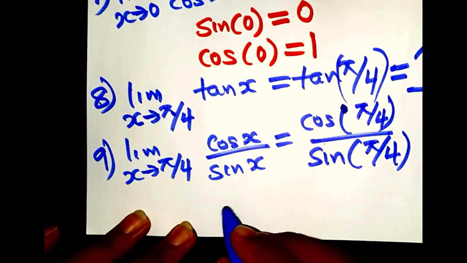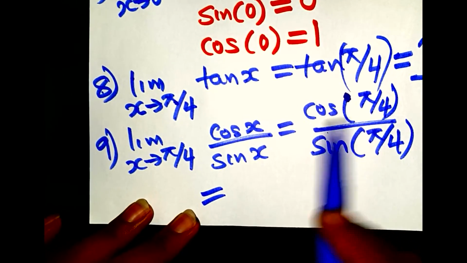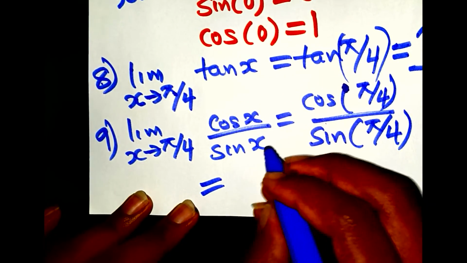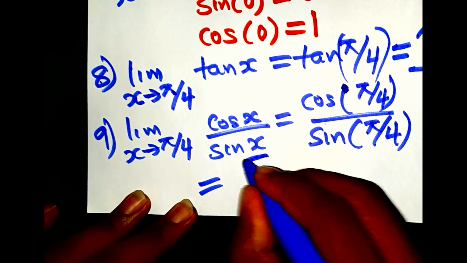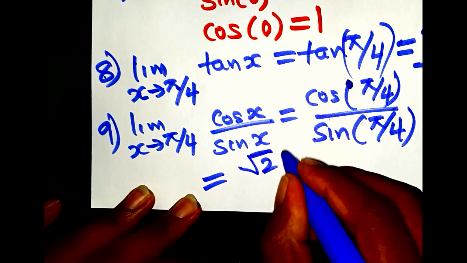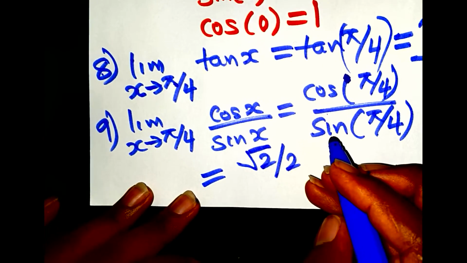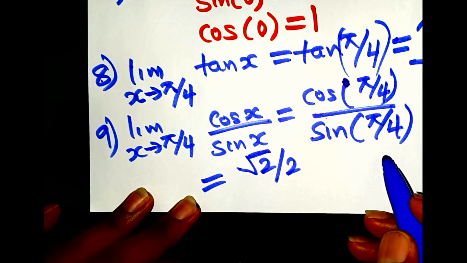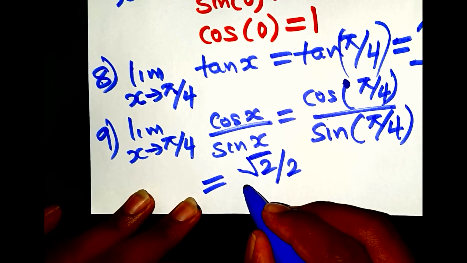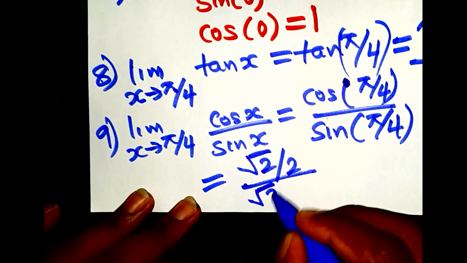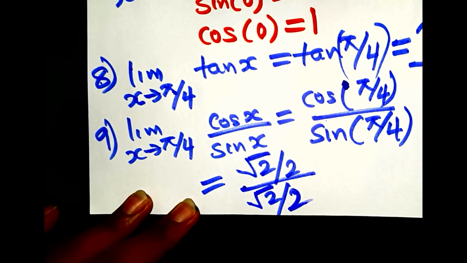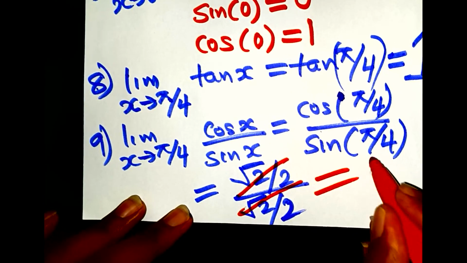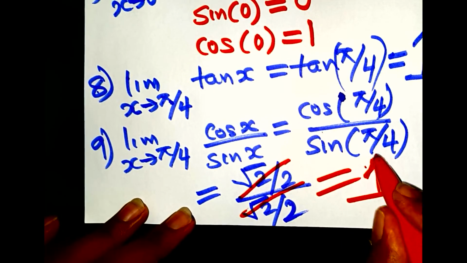Cosine pi over 4 is root 2 over 2, and sine pi over 4 is also root 2 over 2. So it goes to just 1. So our answer was 1.